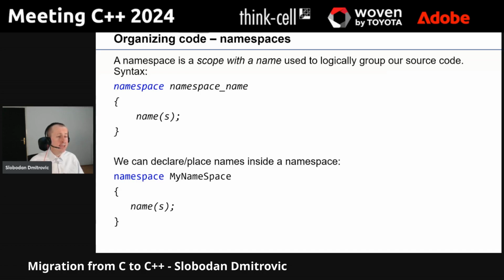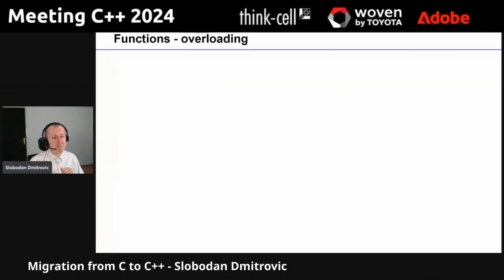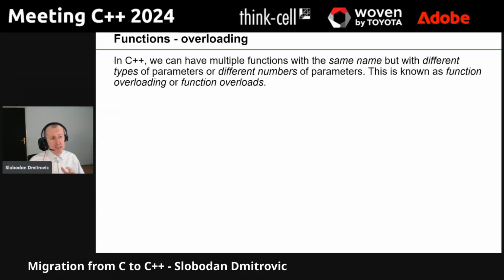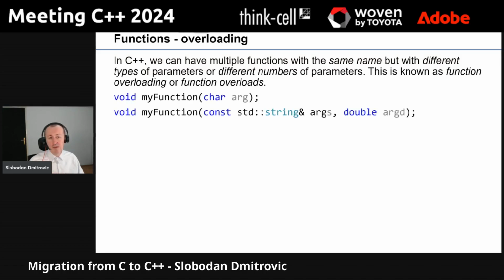Okay. And another thing I should mention is function overloading. So this is where C++ really starts to differentiate itself from, shall we say, the capabilities of C functions. Now in C++, we can have multiple functions with the same name, but with either a different number of arguments or different types of arguments. And this is called function overloading.